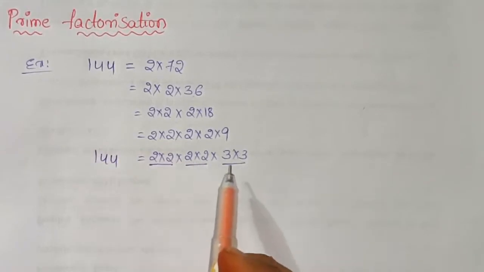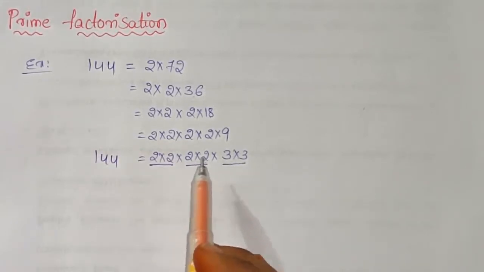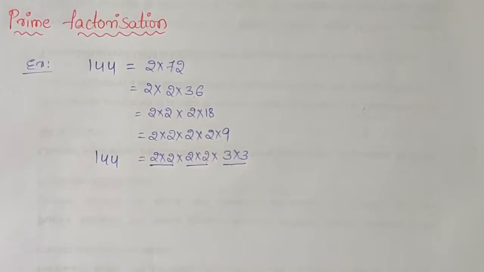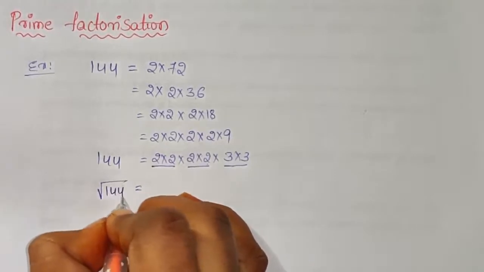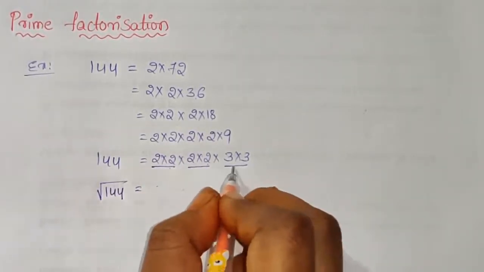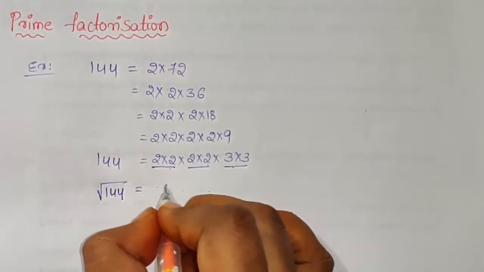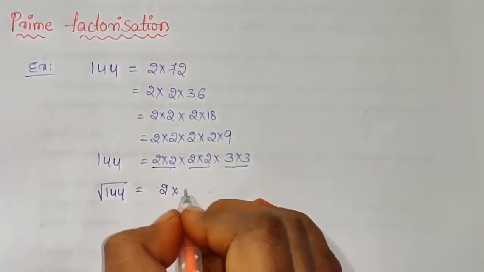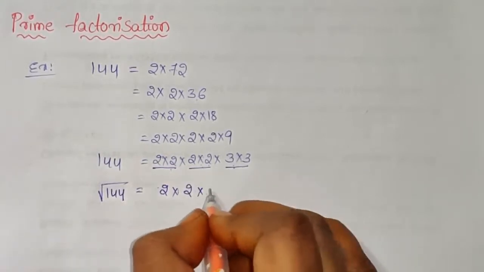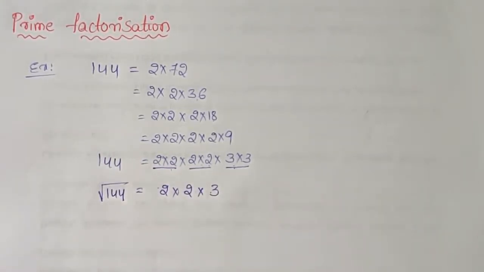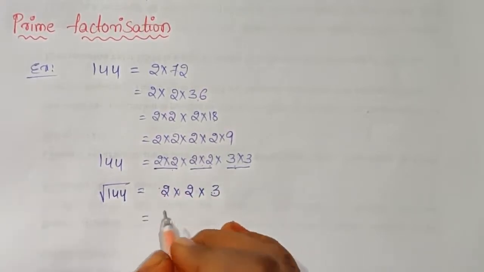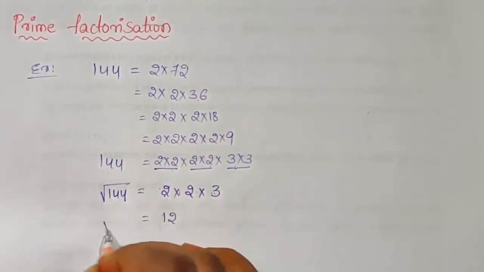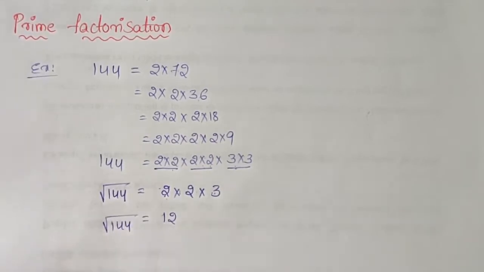You can't pair different numbers like 2 and 3. Only equal factors should be paired. Now the square root of 144 is found by taking a single number from each pair. From the 2s we take one 2, from the other pair also one 2, and from the 3s one 3. So 2 into 2 into 3, which is 4 3s are 12. So the square root of 144 is 12.